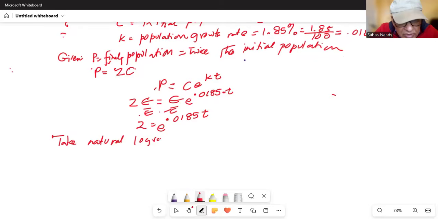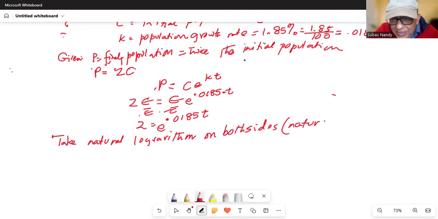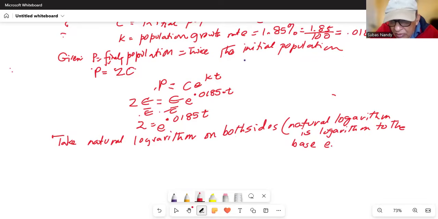Natural logarithm is logarithm to the base e, where e is the natural number.